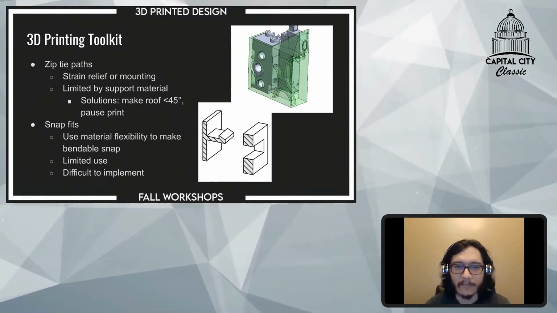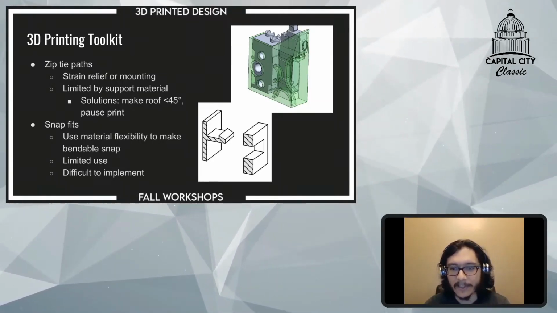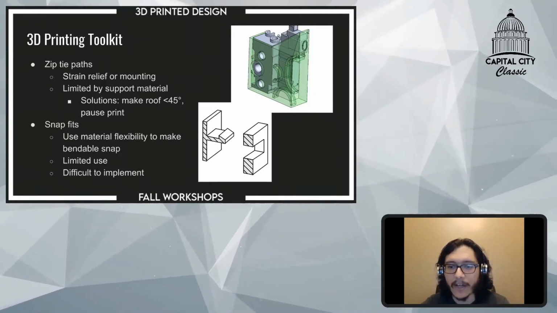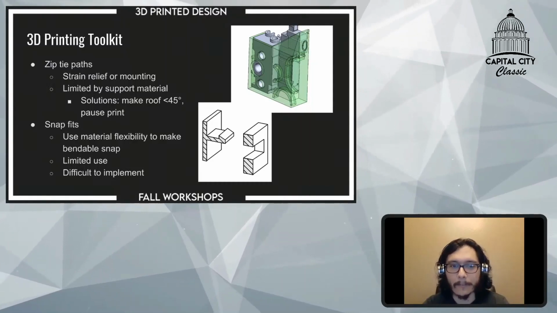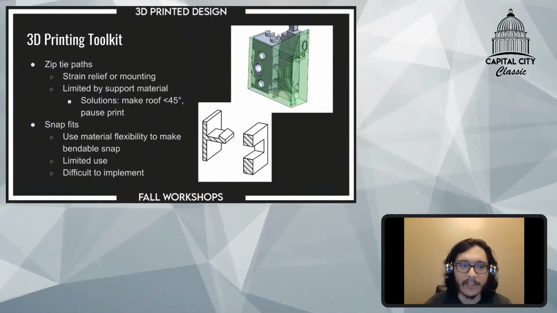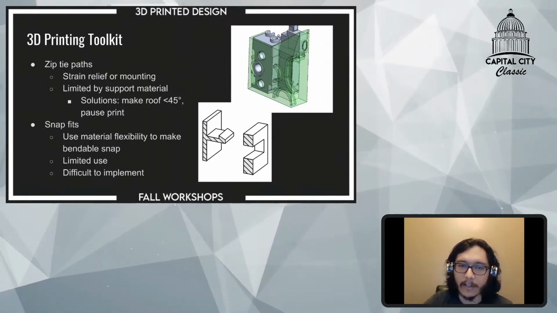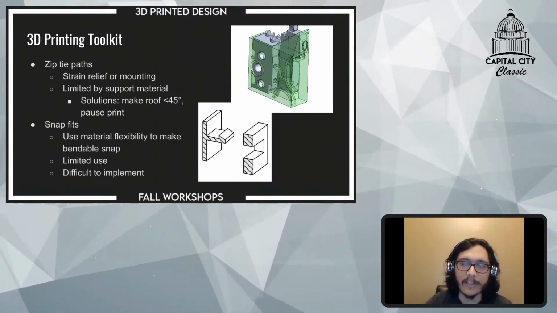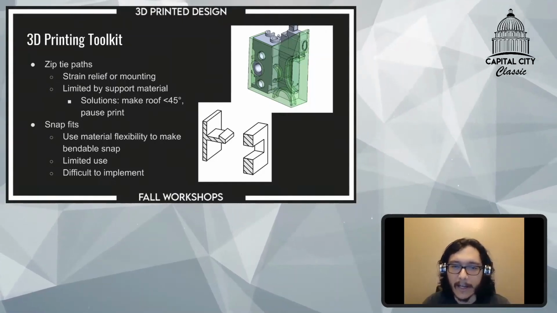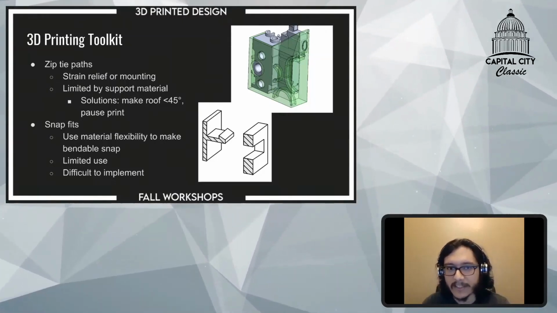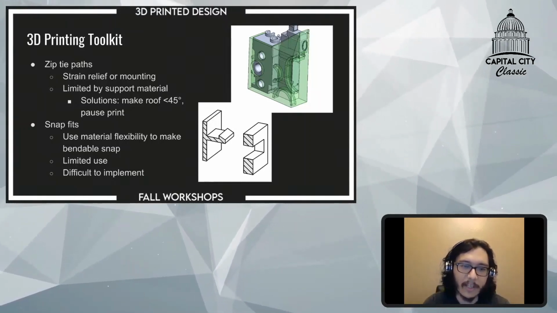Additional features that we rarely use, but snap fits could be useful for making other enclosed fixtures for different parts. The only thing I will say is they take a little bit of trial and error to figure out how they work, especially in 3D printing, because 3D printed parts have different strengths in different directions.